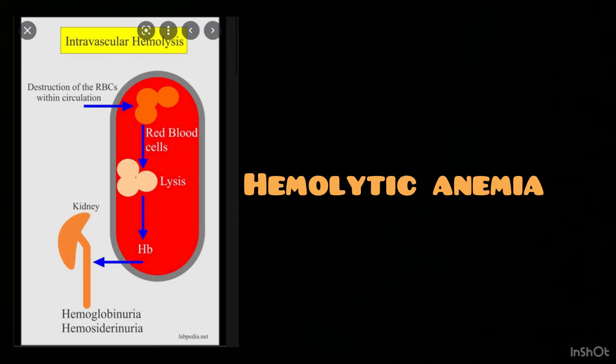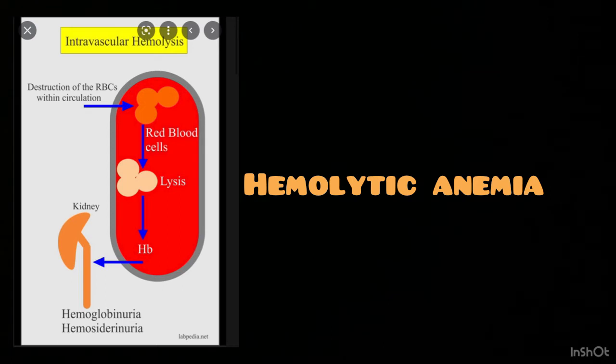So, one of the hallmarks of hemolytic anemia is reticulocytosis. Second, the bone marrow is going to be hyperactive, so you'll get something called bone marrow hyperplasia or erythroid hyperplasia. Third, we can find another characteristic.